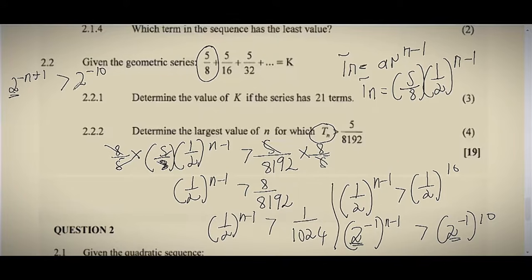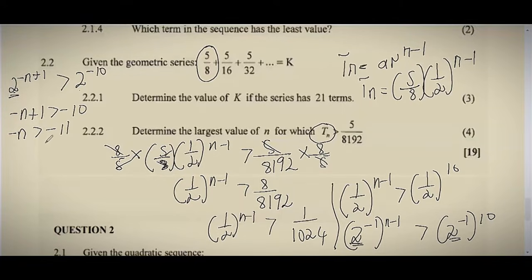So this one, the bases are the same. That means we can drop the exponents. That's negative n plus 1, and then greater than negative 10, right? So if we take this one, transpose it over to the other side, so that's negative n greater than, when we take this one, transpose it over, that will give us negative 11. So that will be negative 10 minus 1.